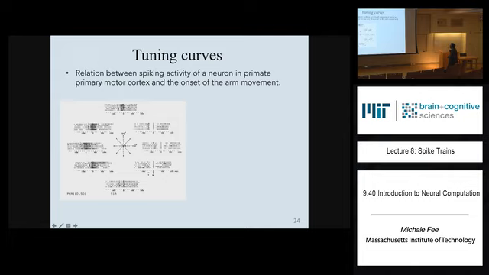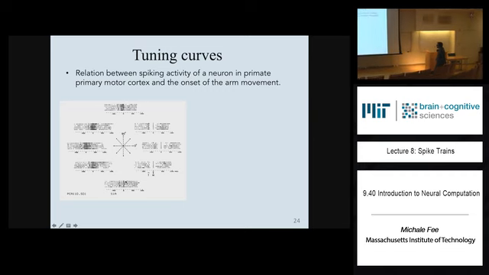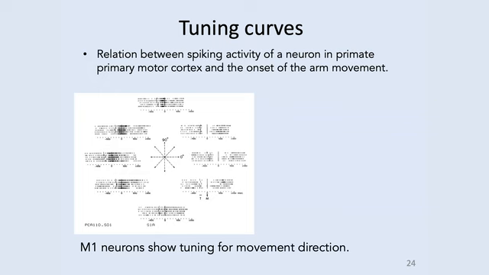But the neuron responded quite differently in other directions. So you can see that the response to downward movement was quite weak. There was essentially no change in the firing rate. And you can see that movements in other directions, for example, to the right, were associated with an actual suppression of the spiking activity.